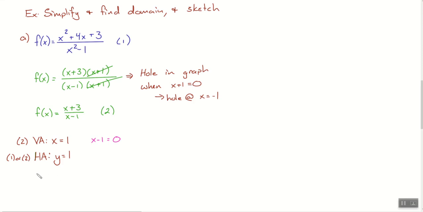Hey, I need some x-intercepts. Now, to find the x-intercepts, and I always write them as ordered pairs, just so that we don't get it confused with our asymptotes. How do you find the x-intercepts? The zeros of the numerator. Do you want me to do it from equation 1 or equation 2? 2 is definitely the way to go. This is equation 2, our simplified form.